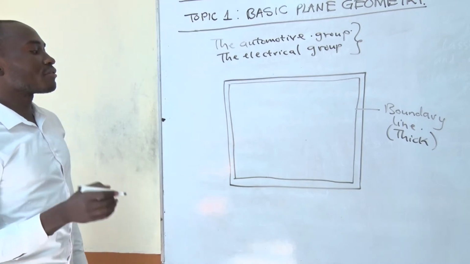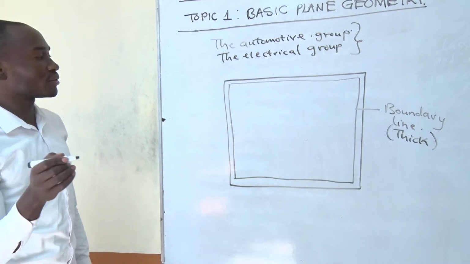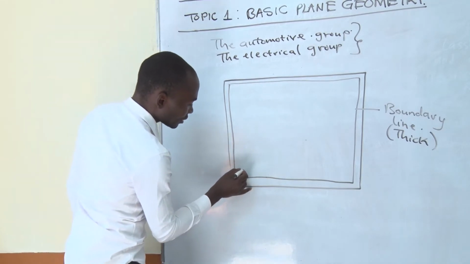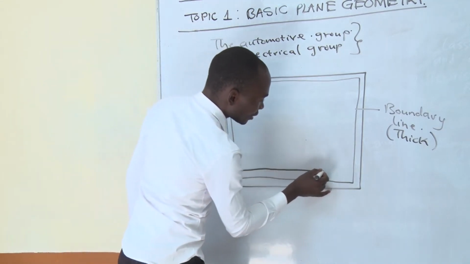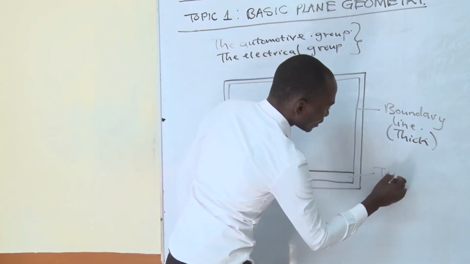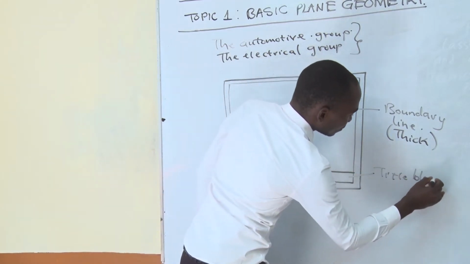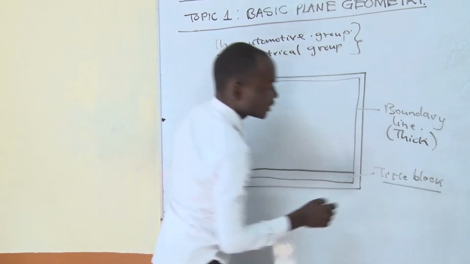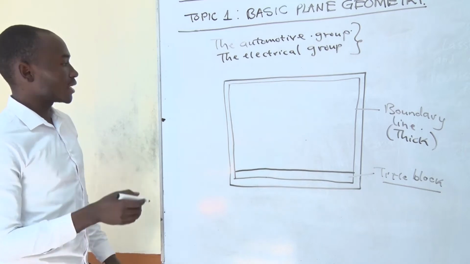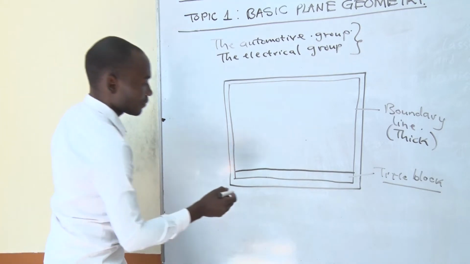So on top of that, you have to label your work. You have to write your name. So you have to draw the title block. We call this one the title block. In this title block, you have to write 3 major things.